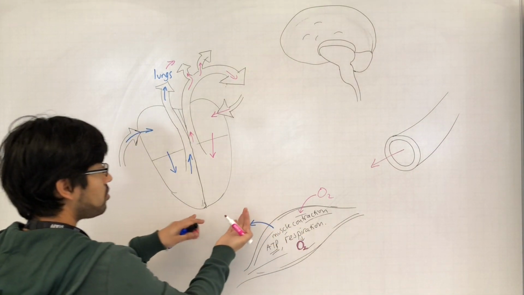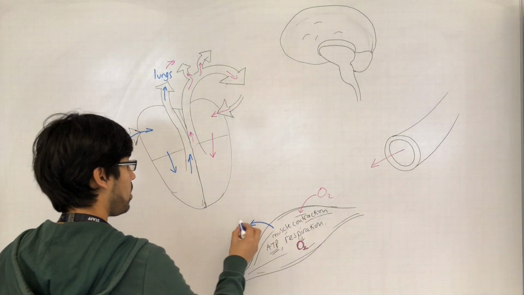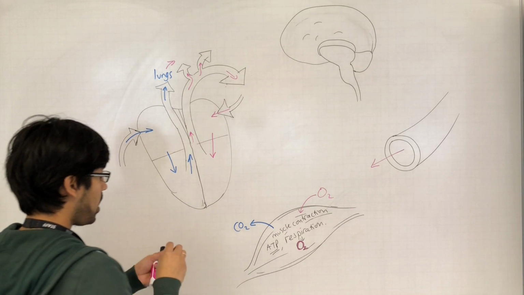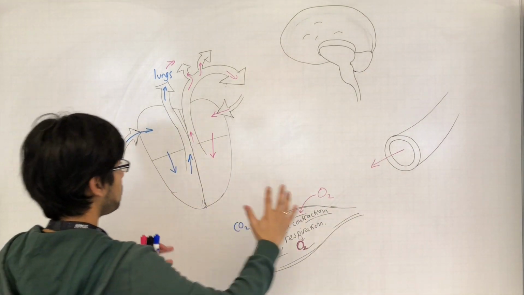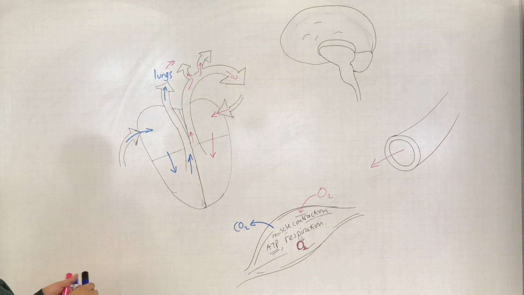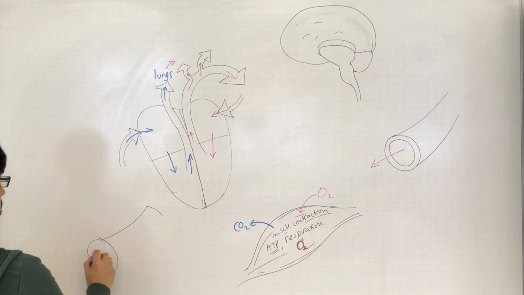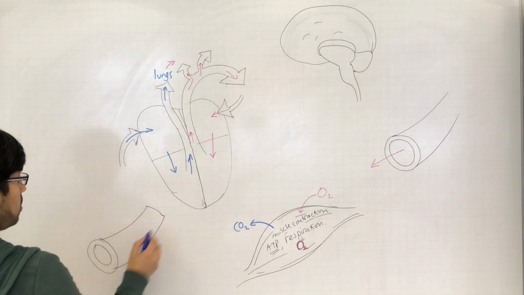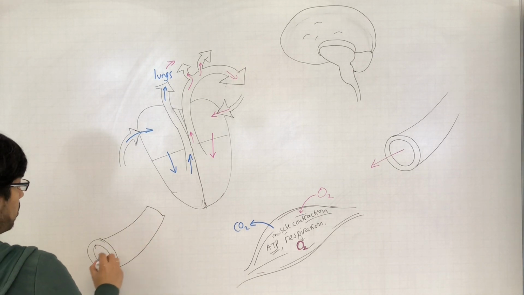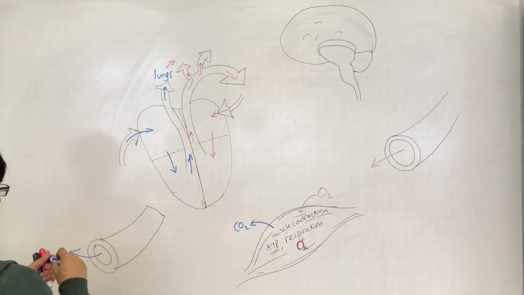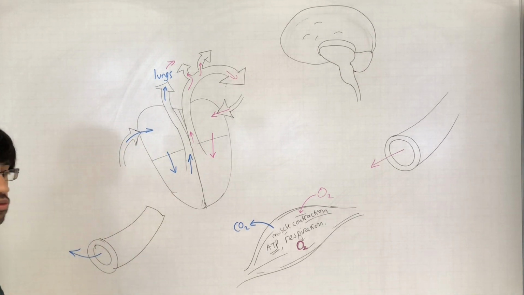And the carbon dioxide that is being produced at high concentrations is then carried again via the blood vessels, now the veins. This time it's carrying deoxygenated blood back to the heart for the cycle to repeat.